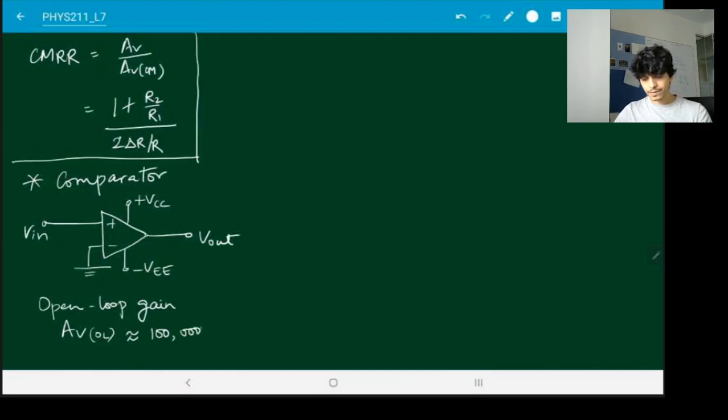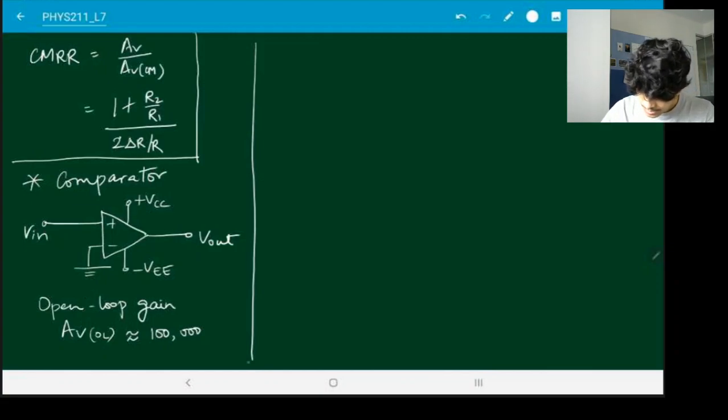So if you give any reasonable input over here, like a few volts, then the op-amp tries to amplify it by a factor of 10 to the 5. But again, as we discussed yesterday during the tutorial session, you cannot get arbitrarily high output voltage.